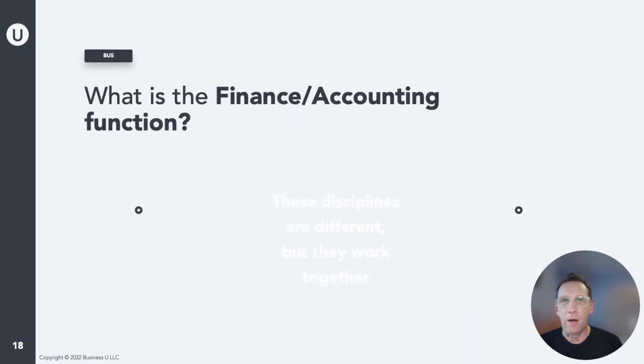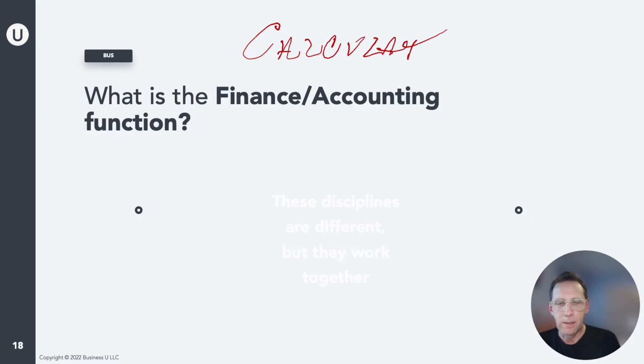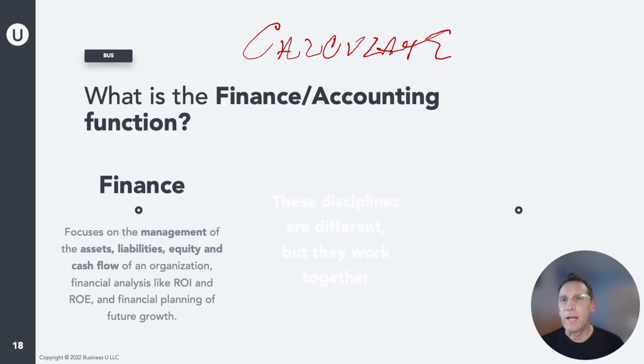Finally, the finance and accounting function. Again, this is your calculate. Now, finance focuses on the management of the assets, liabilities, equity, and cash flow of an organization. And there are financial analysis tools like ROI and ROE, which we'll talk about later.